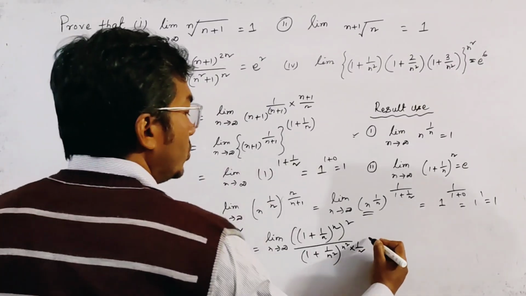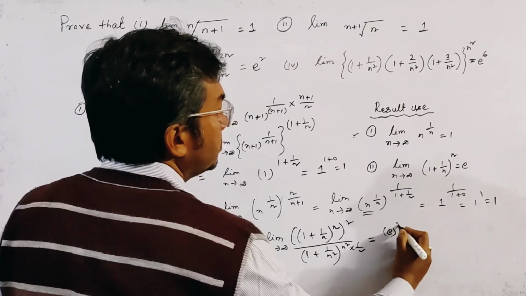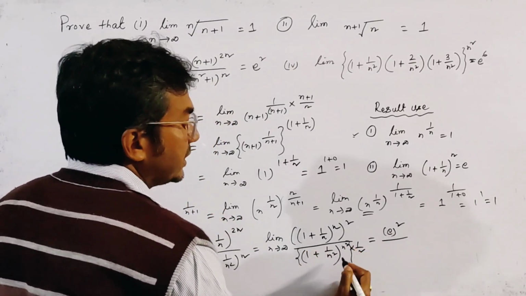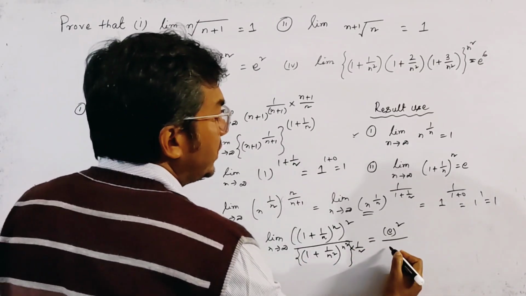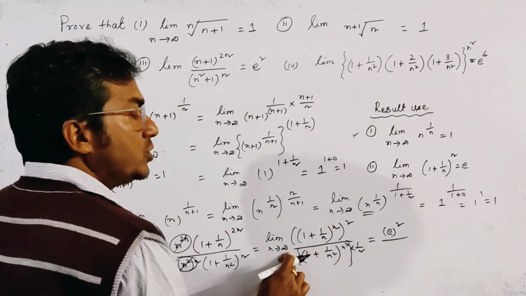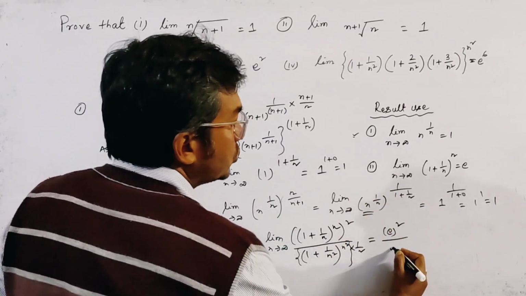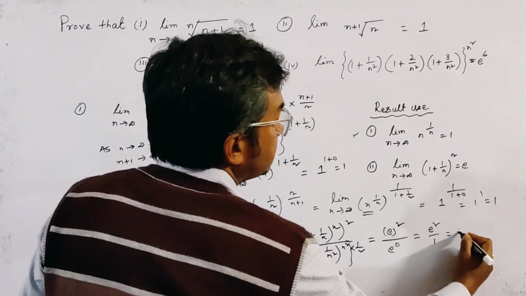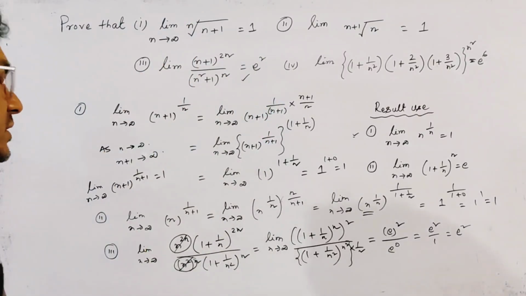So we can write this limit as e to the power 2, and the bottom is e to the power 1 by n, and as n tends to infinity this is e to the power 0. So we get e square by 1, this is e square. So this is the third result.